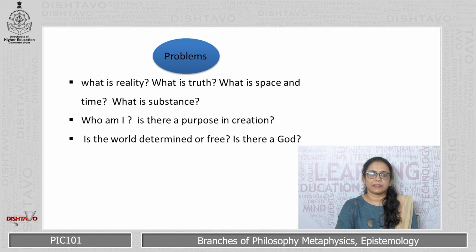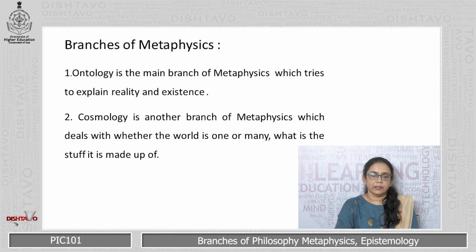Is there a purpose in creation? Is the world determined or free? Is there a God? There are several branches of metaphysics. Here we shall focus on three main branches of metaphysics. One is ontology. Now, what is ontology? This is considered the main branch of metaphysics which tries to explain reality and existence.